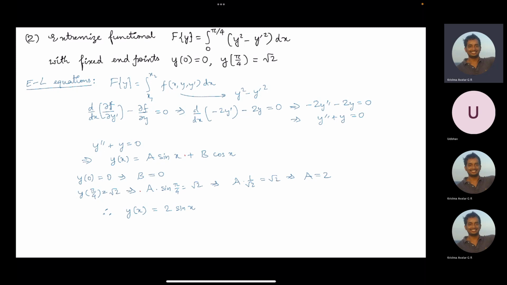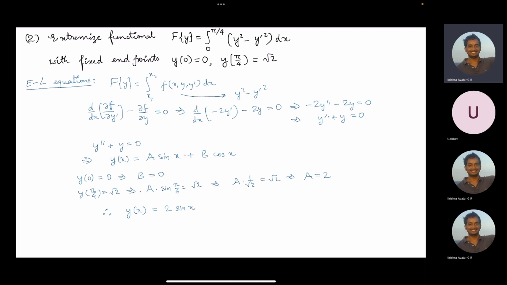Now putting the assumed solution in this problem, we have lambda squared minus 1 into e to the power lambda x is equal to 0. This implies that lambda is equal to plus minus 1. Fine. We already know how to solve ODEs, so in this case the solution to the homogeneous part is C1 e to the power x plus C2 e to the power minus x. Fine. So we have obtained the homogeneous solution.